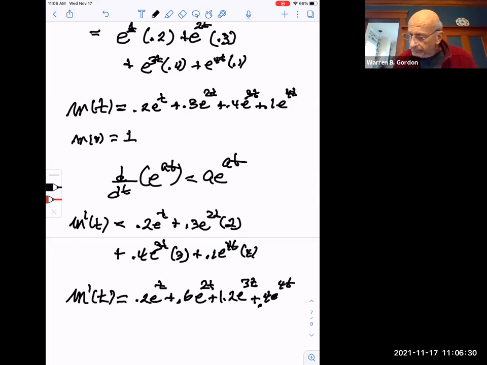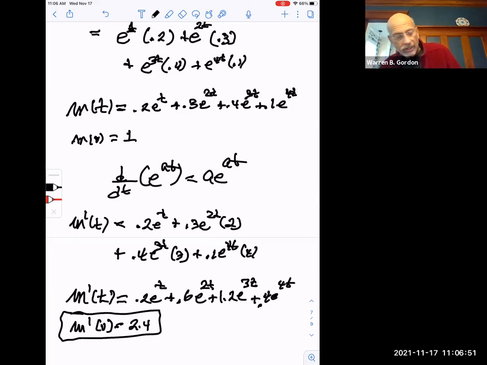And now notice, if I compute this at 0, I end up with 2.4, which tells me the mean of this distribution, which I could have gotten the old way, of course, is 2.4.